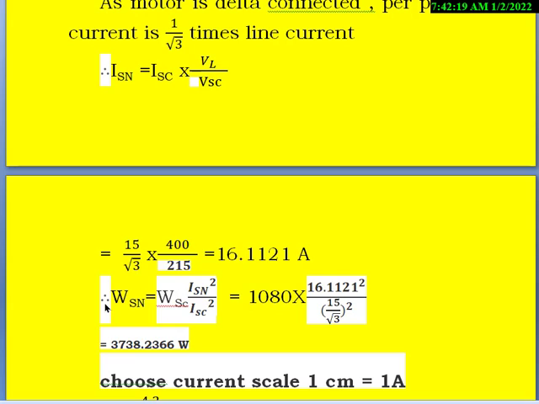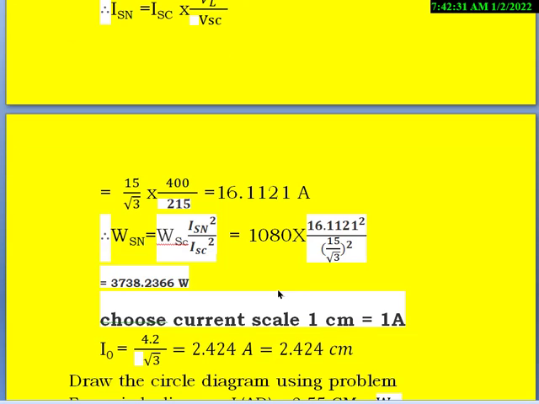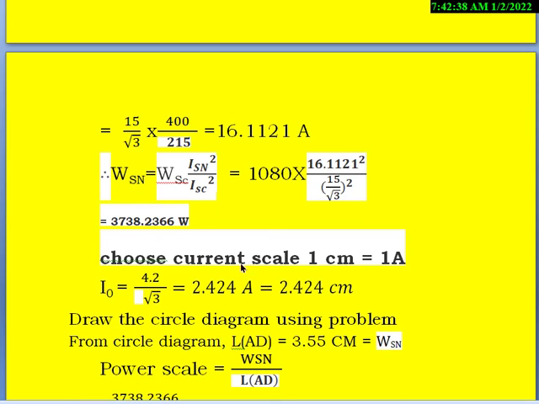So we know copper loss is directly proportional to the current flowing square. So we write like this, 1080 into 16.1121 whole square divided by 15 by root 3 whole square. Once we simplify this, we get 3738.2366 watts. And let us choose current scale 1 centimeter is equal to 1 ampere.